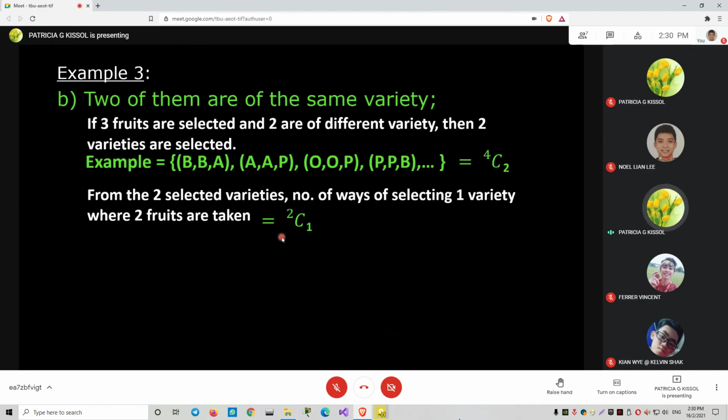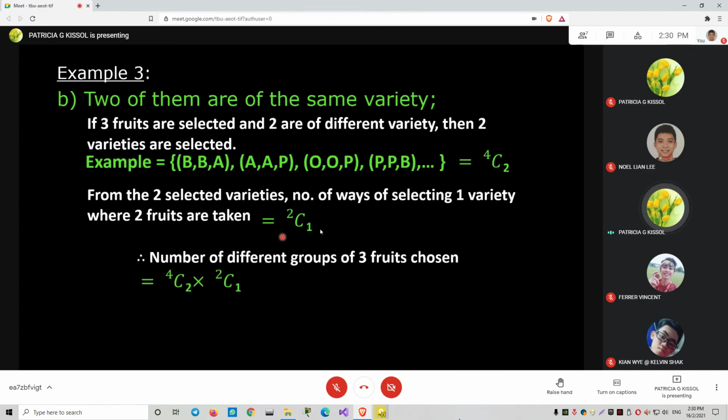Therefore we multiply the first value, 4 combination 2, with 2 combination 1, and that gives the number of different groups of 3 fruits chosen that satisfy the condition: 2 of them are of the same variety, whereas the third one is not. So there are 12 combinations.